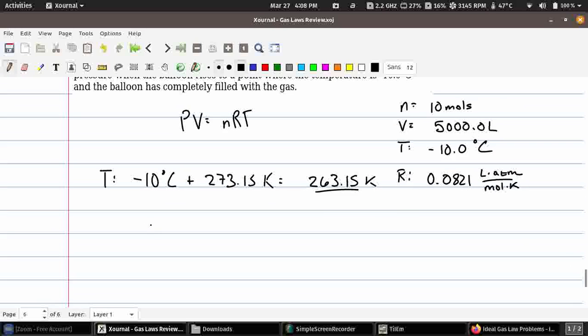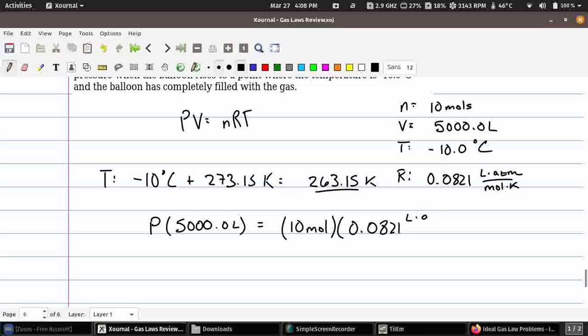So let's solve for pressure. P times 5,000.0 liters equals 10 moles times 0.0821 liters times atmospheres over moles times kelvins times 263.15 kelvins.